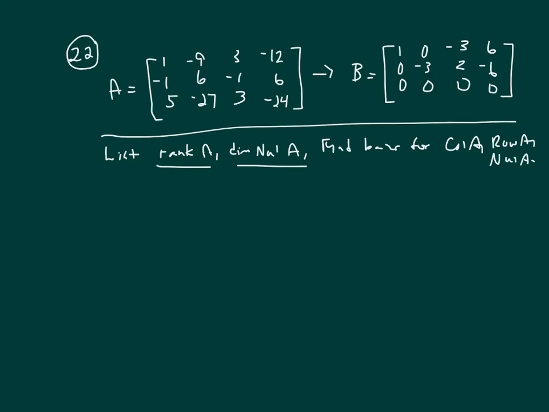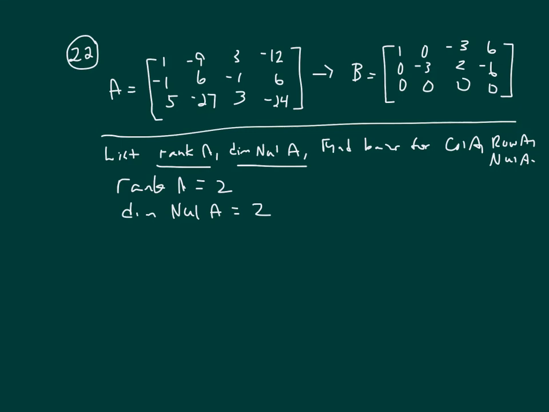And so we would reduce it, which they've given it in reduced form, and we see that there are 2 linearly independent columns, the first 2, and so the rank of A would equal 2. And the dimension of the null space is given by the number of free variables that we have, and since we have 2 free variables, then the dimension of the null space is also equal to 2.